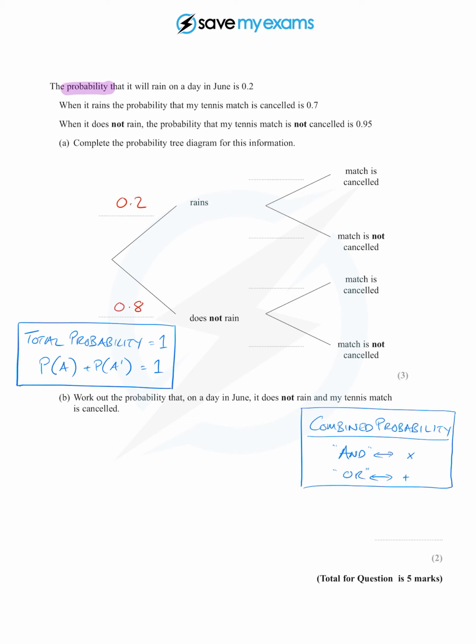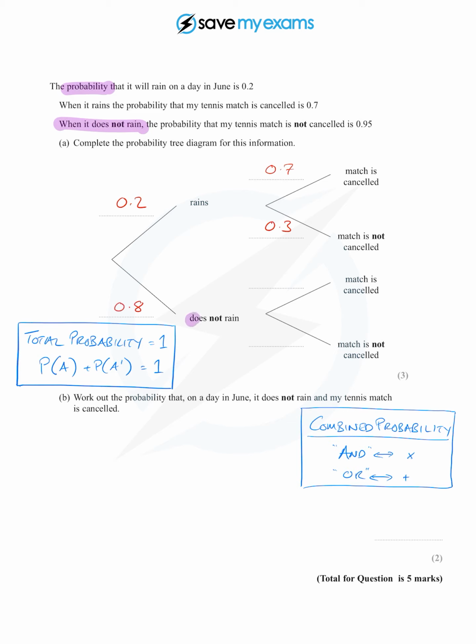Right, let's just go through the diagram now. If it rains, what's the probability the match is cancelled? Well, it tells me that. That's there. It's 0.7. Okay, and using a similar argument to before, what adds up to 1 with 0.7? Well, 0.3. Okay, and what about the other piece of information?